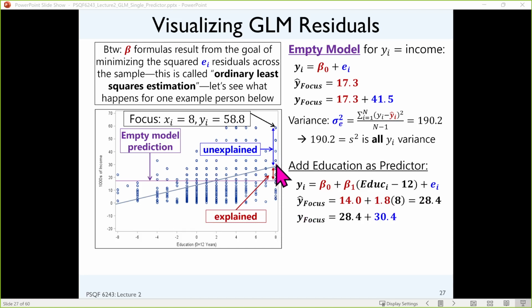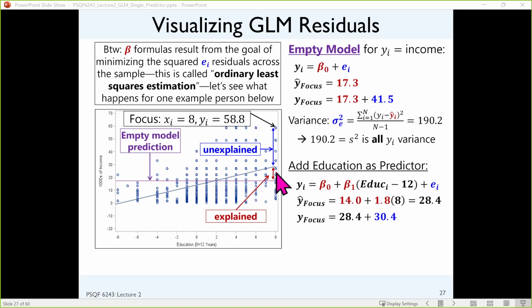So the red part, the distance of the E between the empty model flat line with no predictors and after adding education, that distance we would say has been explained by the model. Part of the reason why this person makes more money than everybody else is because they went to 20th grade. But that's not it. We still have all of this remaining deviation for this person to think about. Why else does this person make so much money? I don't know yet.